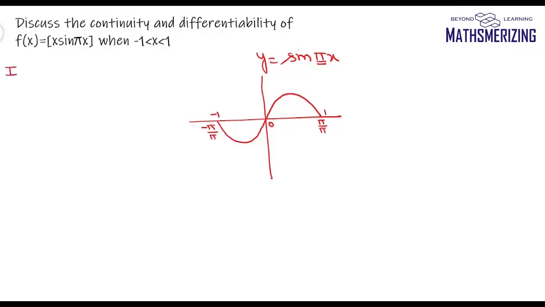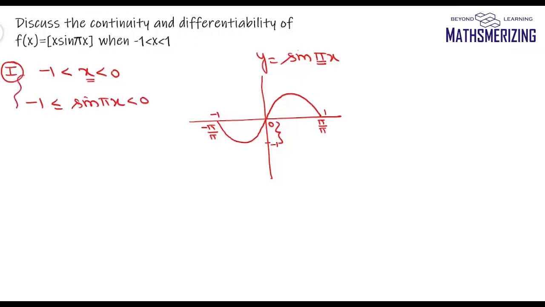Case 1, when the value of x lies between minus 1 and 0. When x lies between -1 and 0, in that case, the value of sin pi x will also lie between -1 and 0.